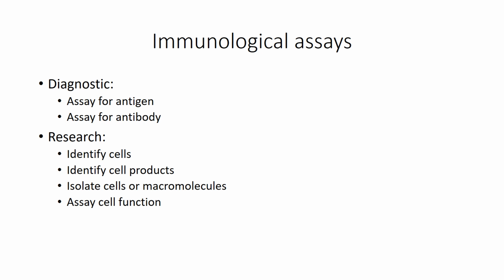In terms of research, these antibodies can be used to identify the different cells and their products, or even cells, macromolecules or markers, using these immunological tests or serological tests.